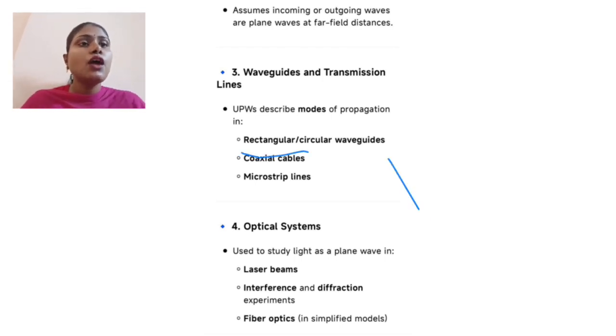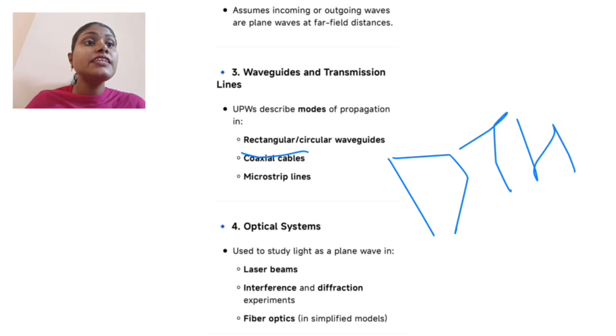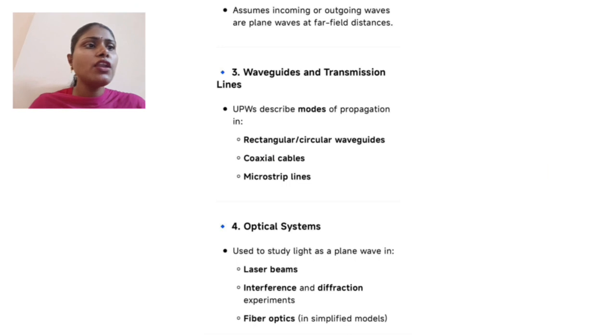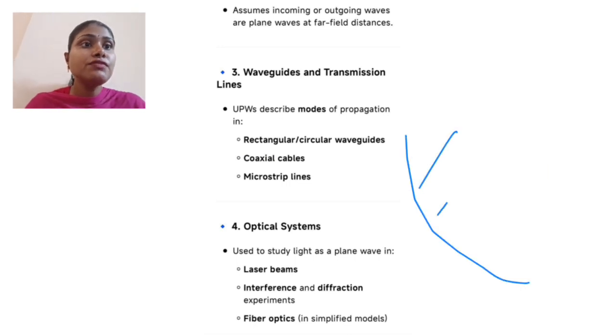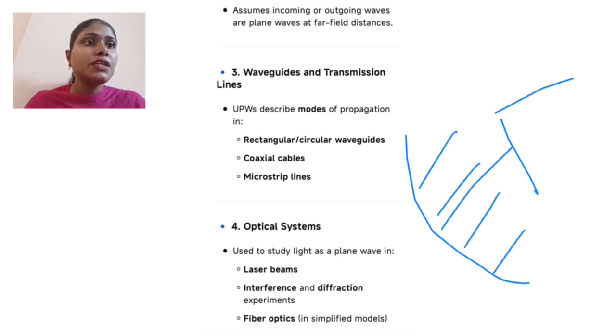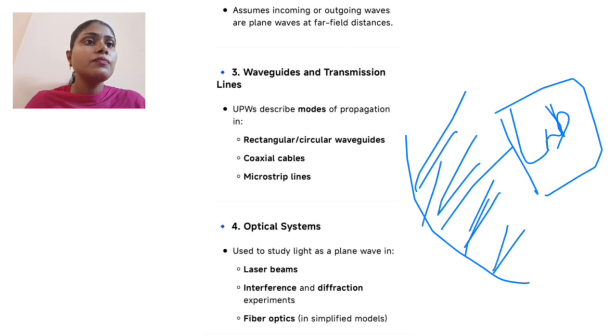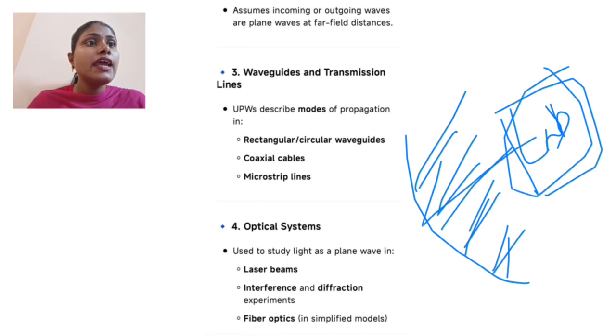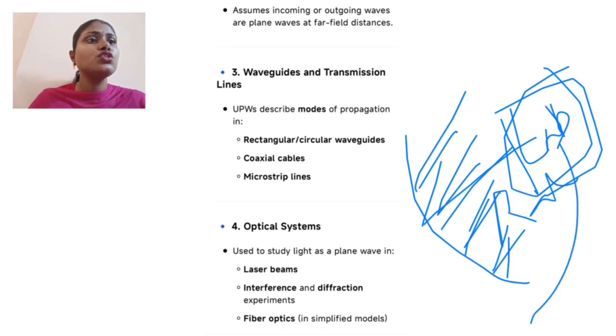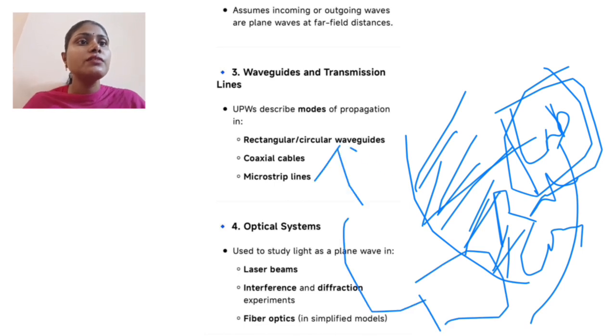Coaxial cable: nowadays DTH, that is direct to home antennas, is used everywhere. Here there is a parabolic reflector which receives the signal, and there is an LNB. Whenever the signal is fed on this parabolic, it reflects back to the LNB, and the LNB collects all the signals and converts the radio waves or EM waves into electrical signals, and then feeds them through the coaxial cable to our set-top box, which is connected to our TV.